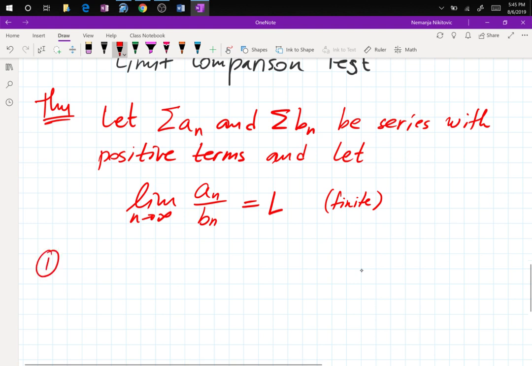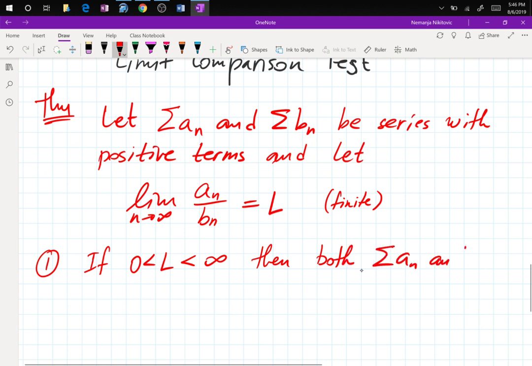Number one, if 0 less than L less than infinity, so if you have a finite number bigger than 0, then both either converge or diverge. They have the same fate. Then both summation an and summation bn converge or diverge together.